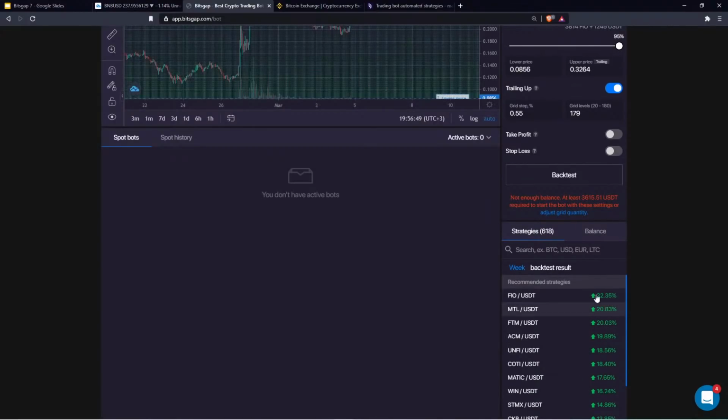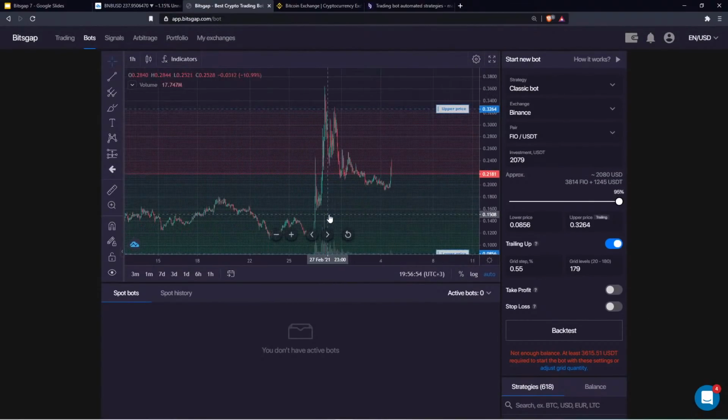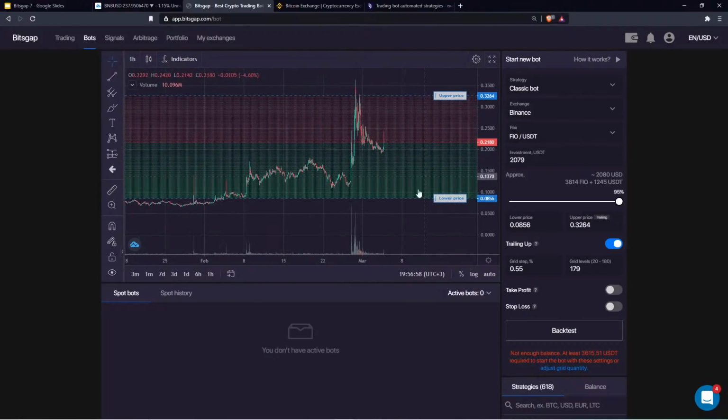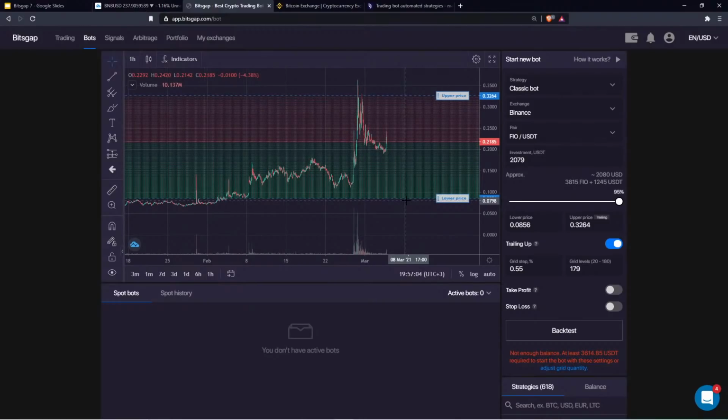Since the bot profit is so high here, that means that at least these cryptocurrencies are tradable, that there is enough liquidity on the market, and that traders and investors are at least interested in this crypto, and that's something that we want.